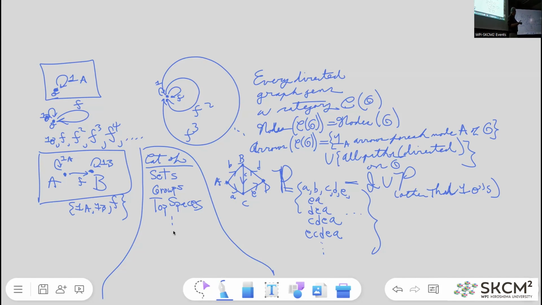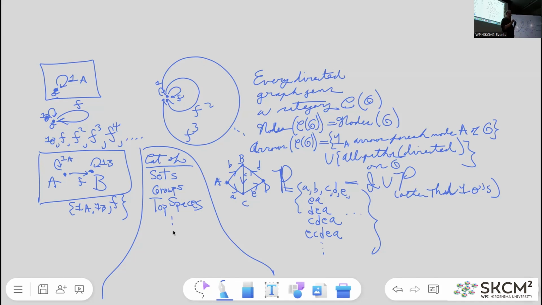But each of these is a category. What are the nodes and the arrows? In the case of, say, topological spaces, the nodes are spaces. So a dot in the directed graph corresponding to this category of topological spaces represents any topological space. That's a huge graph, not a little tiny one like this.